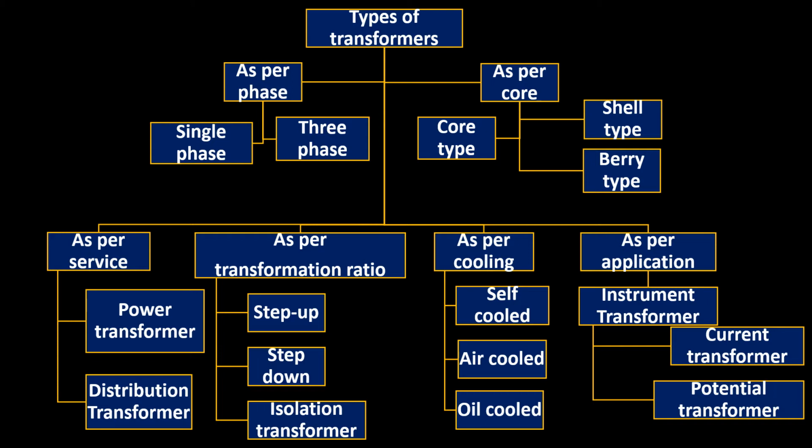If it is used for measurement purpose, we have the instrument transformer. If you need to measure current, we have the current transformer, and if you need to measure voltage, we have to use the potential transformer. So this is a brief idea of types of transformer. Now let us discuss in detail one by one.